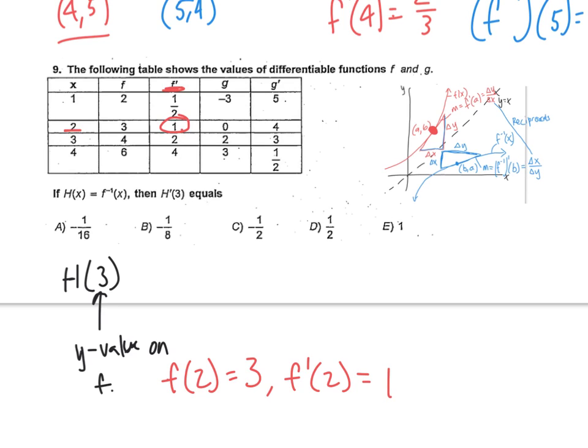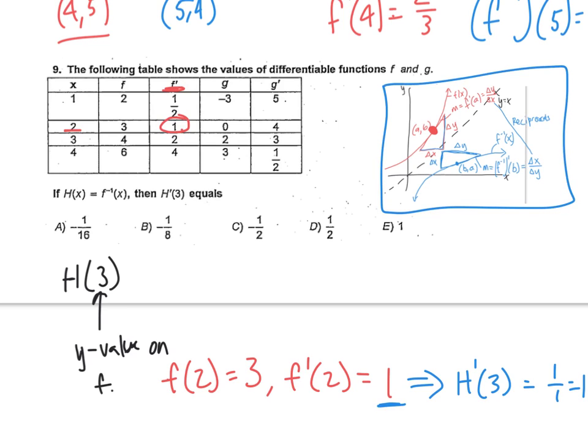So as a result, and this one's pretty simple, this helps me figure out what h prime is at 3. It's the reciprocal of 1, which is 1 over 1, which is just 1. So that one's pretty simple, but I'm just using the table of values. But I'm also, guys, really using this picture here. The idea is that we draw this picture every time, and then it helps us answer these questions. And the answer on this one is E.